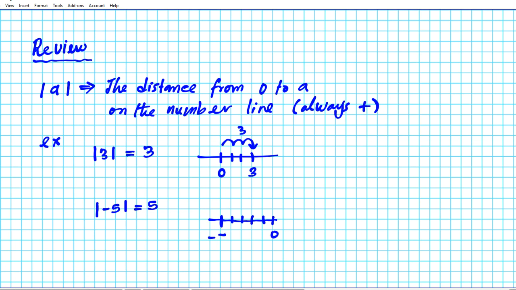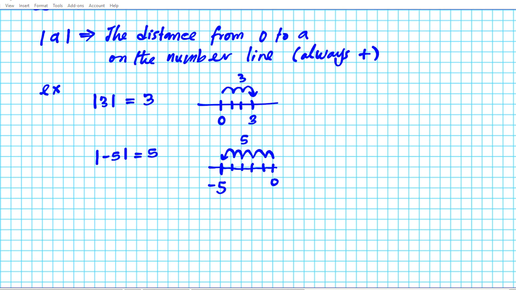Okay, it just considers size. So, how many units is negative 5 away from 0 on the number line? 1, 2, 3, 4, 5. It's 5 units away, so that is why the absolute value of negative 5 is 5.